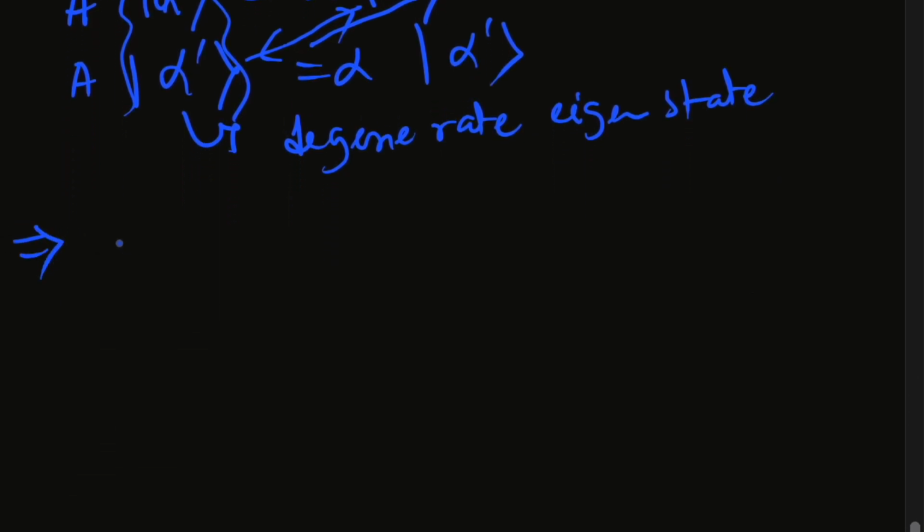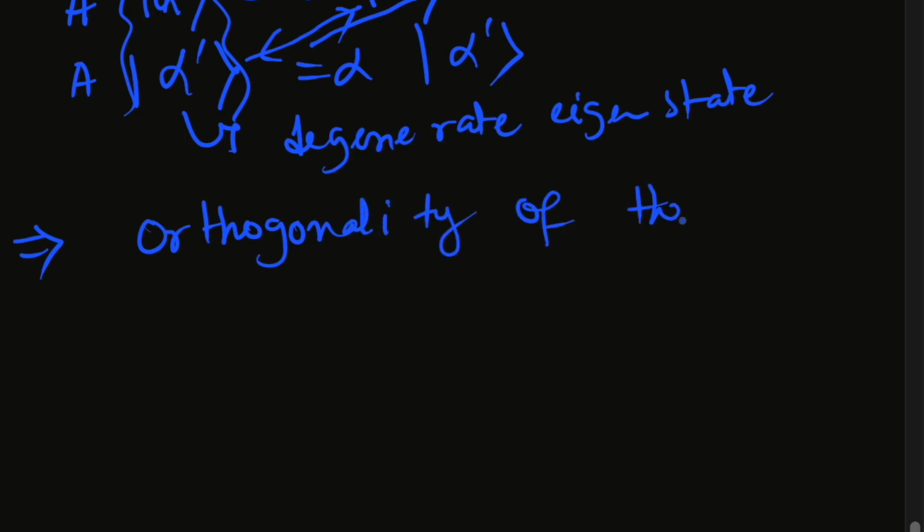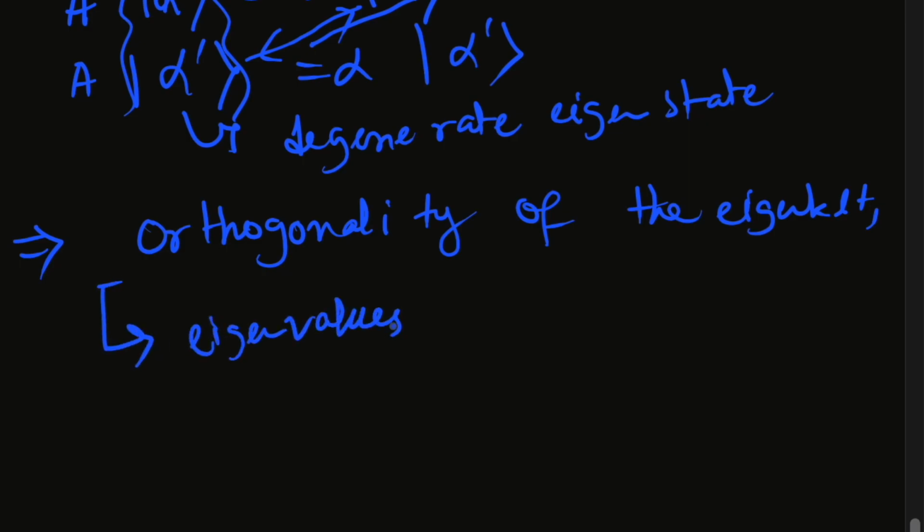When I prove the orthogonality of the eigenstates, we assume that the eigenvalues corresponding to different eigenstates are not the same in general, alpha not equal to beta.